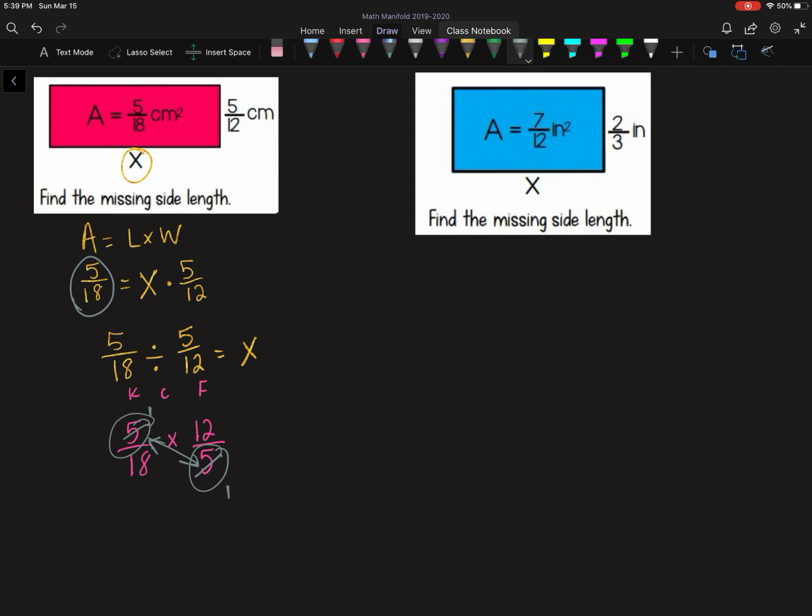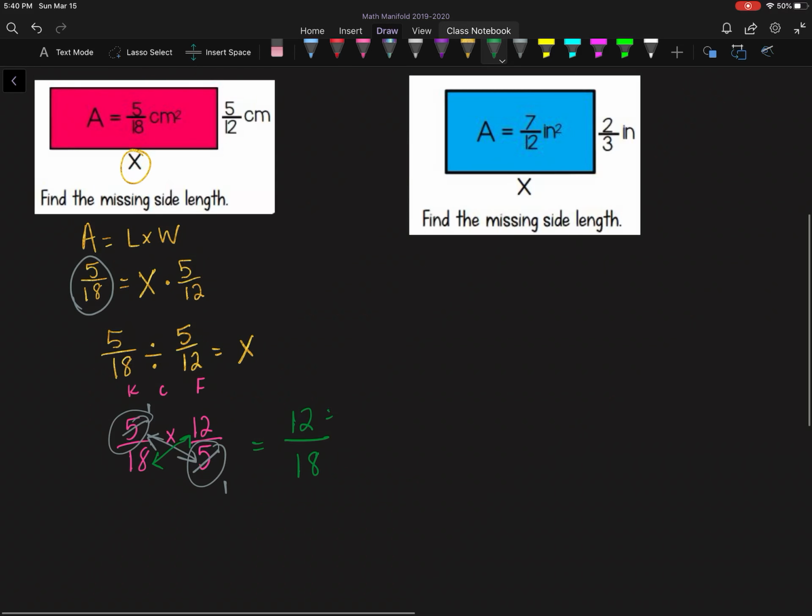The other thing that I can do, again, if I wanted to do this ahead of time, is I could look across to the 18 and the 12, but because it's 1 and 1, I'm just going to go ahead and multiply. We've got 12 over 18, and now I can look to see what they have in common.